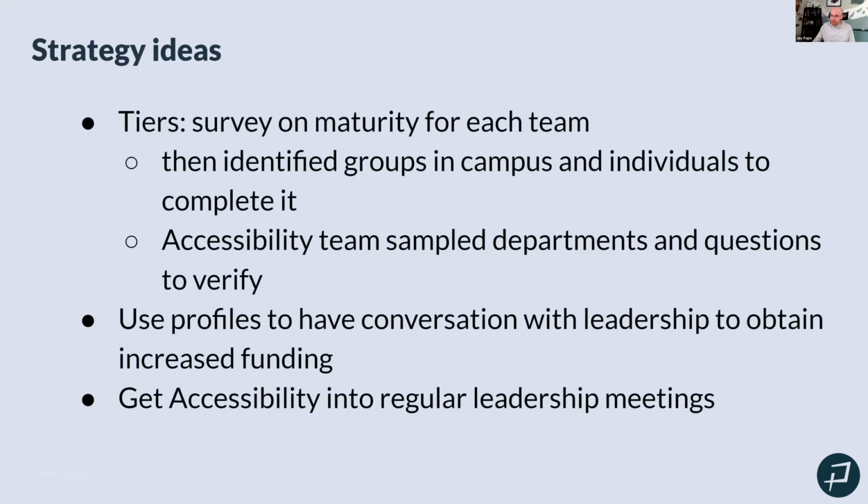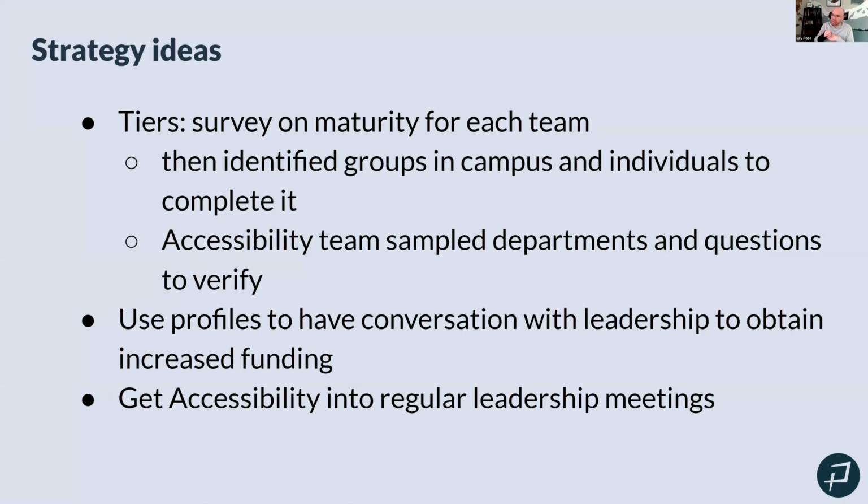But let's get into some more real world examples, and this will go back to that comment before. So here's a few ideas. So with tiers, and this is based on the NIST cybersecurity framework, one of the strategies I saw in that framework is a university actually created a survey on the tiers, and they sent it. So they identified someone responsible in each group, and they sent it to them.